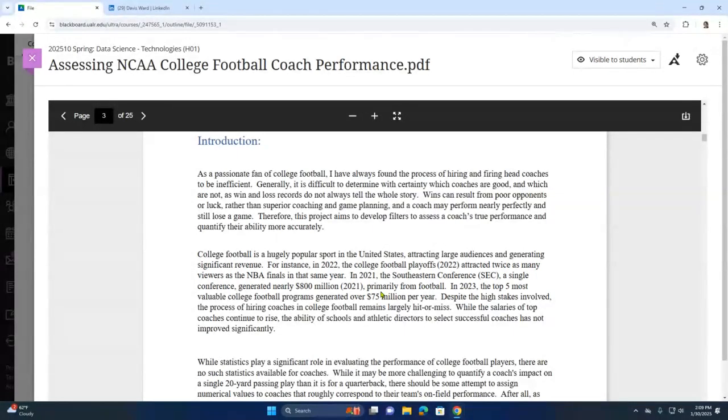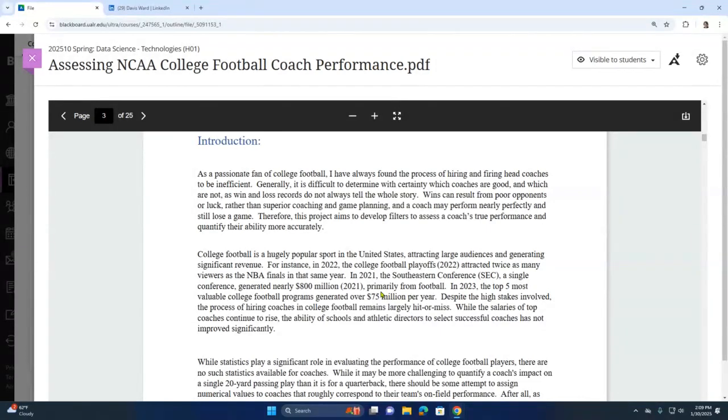And he writes in his paper that one of the things that always bothered him about wins and losses is that he had watched college games where the team loses because of a fluke play. The ball is thrown just a degree or two off, and it results in an interception, and the other team wins. And he said, that's not really the coach's fault.